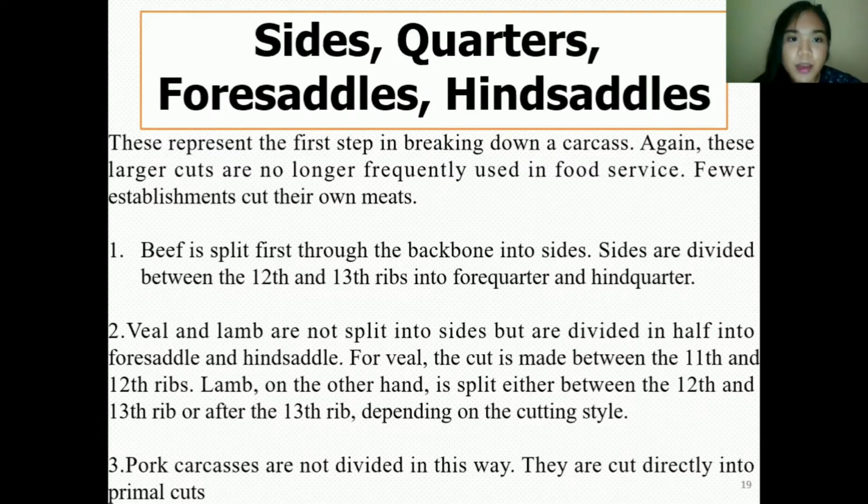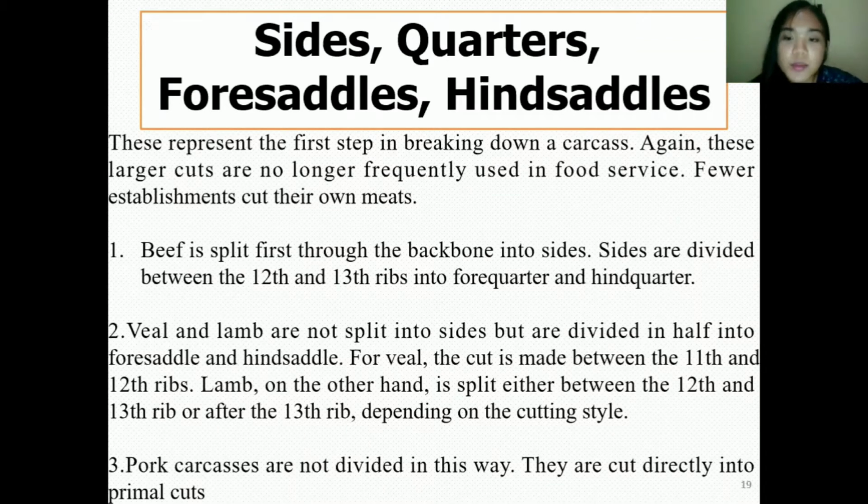So the first is that beef is split along the backbone into two sides. Sides are divided between the 12th and 13th ribs into forequarter and hindquarter. Second, veal and lamb are not split into sides but are divided in half into fore saddle and hind saddle.